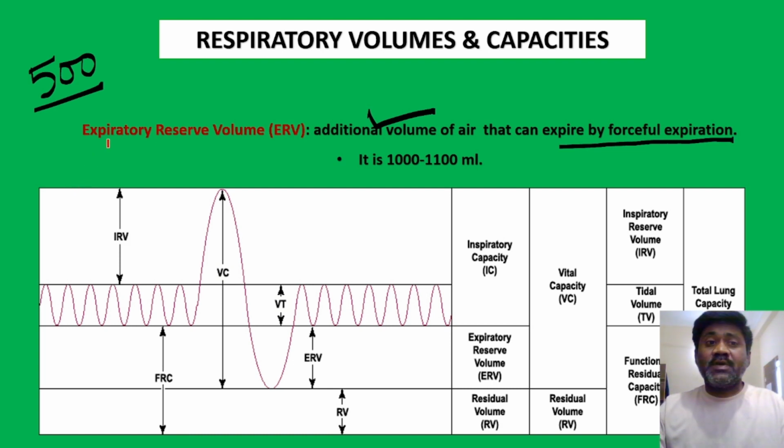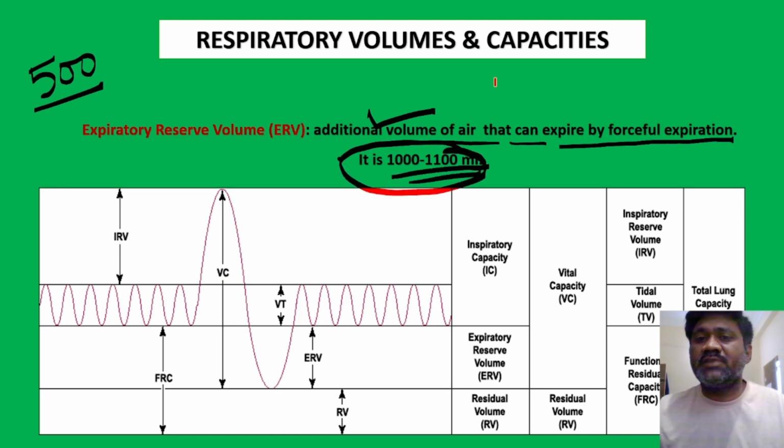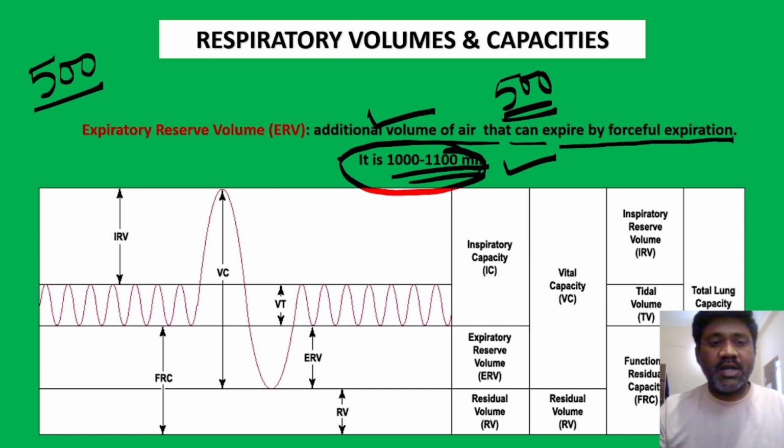But whenever we want to exhale forcefully, then the additional volume of air that we can expire is 1000 to 1100 ml. Generally we can exhale 500 ml, but if we want to exhale forcefully, then we can exhale 1000 to 1100 ml.